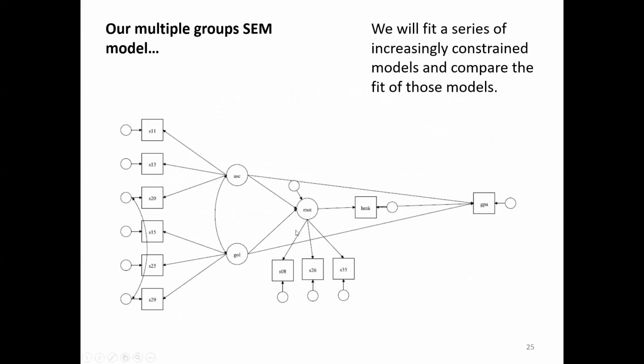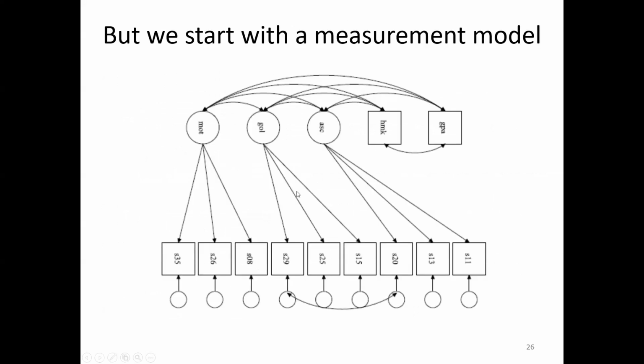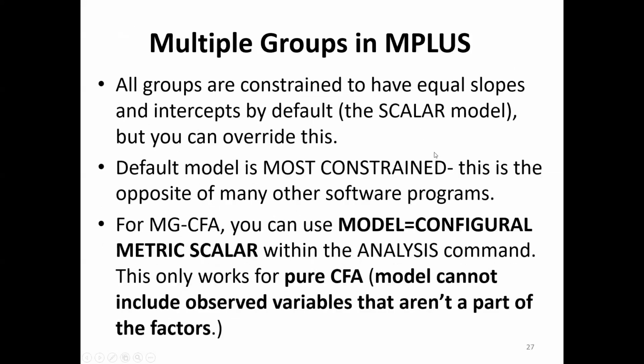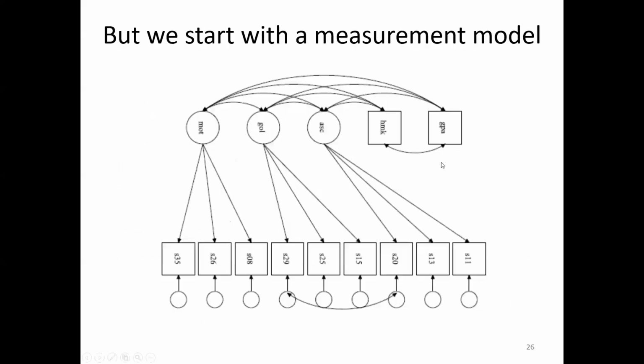Okay. So here's our multiple groups SEM model that we're going to look at today and next week. But today we're just going to do the measurement model. Next week we'll do the structural model. So here's what our measurement model looks like. Remember that in our measurement model, we have these two observed variables that aren't actually factors, and I've put them into the measurement model here, and they're just correlated with our other three factors.